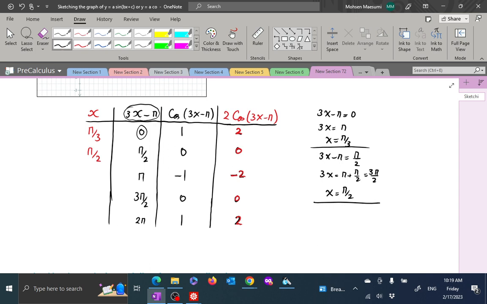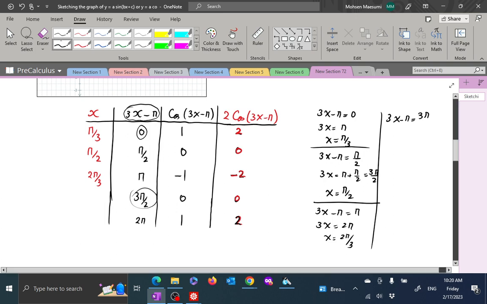And then again, 3x minus pi is equal to pi, and so 3x is equal to 2 pi, and x is equal to 2 pi over 3. So this angle is 2 pi over 3. And repeat, 3x minus pi, and now we are going after this angle, 3 pi over 2.